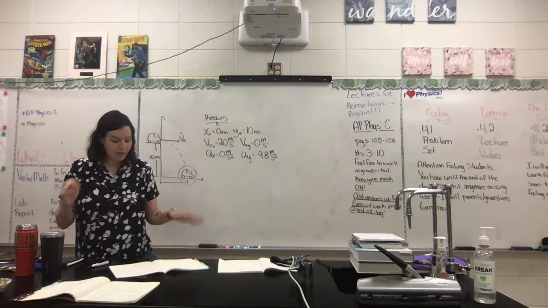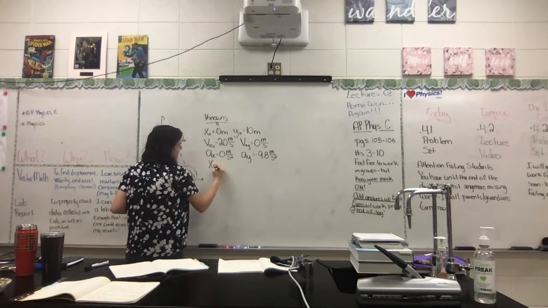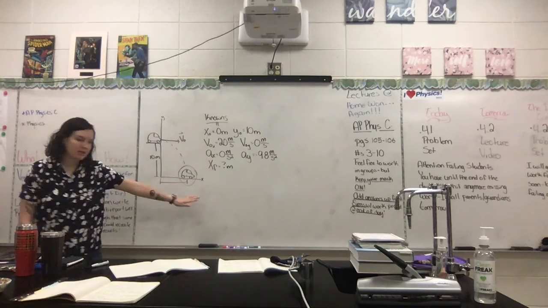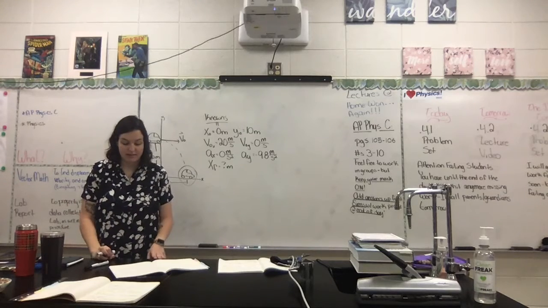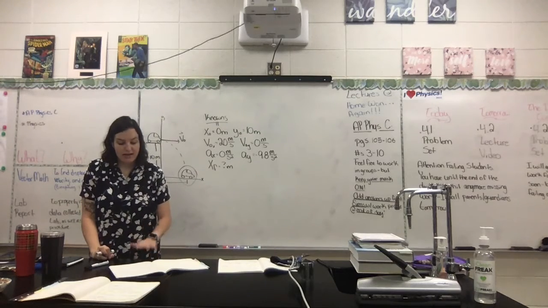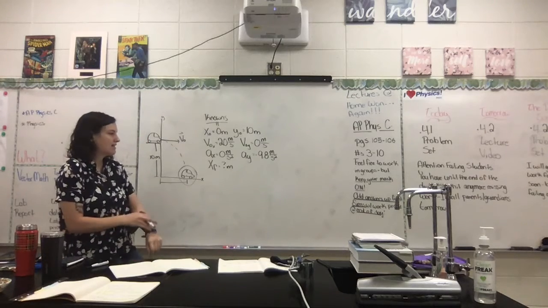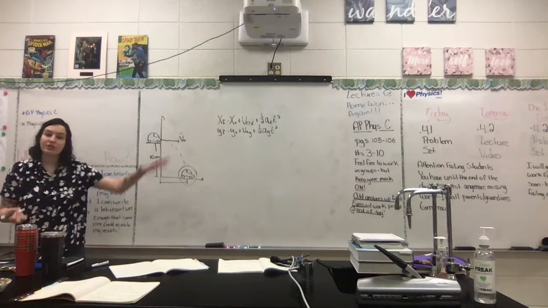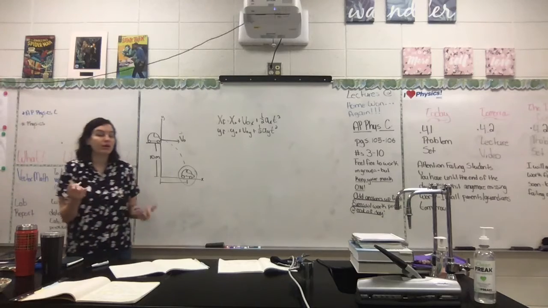Now, that's everything that we know, and what we want to find is what xf is equal to. How many meters has he gone in the horizontal direction when he lands? So let's look at our equations. We're going to look at our xf and yf equations. The first thing we're going to want to do with these equations is go through and mark what we know is 0.